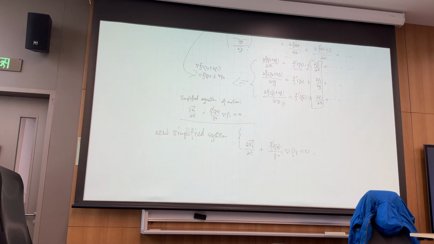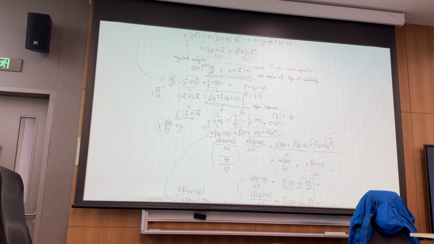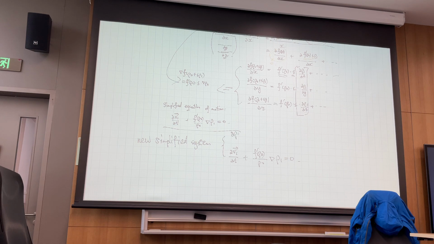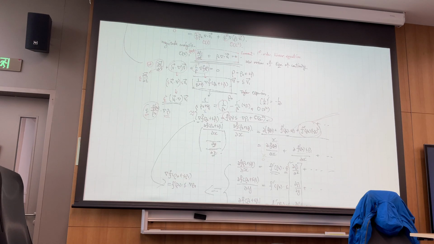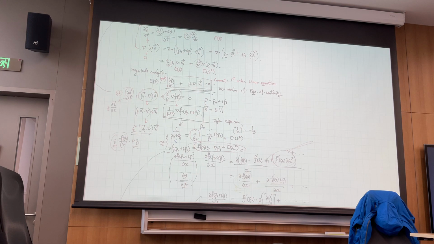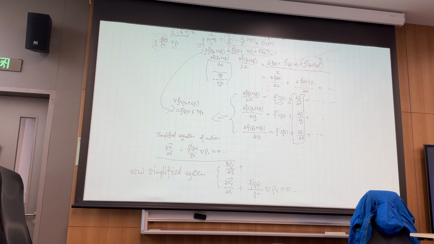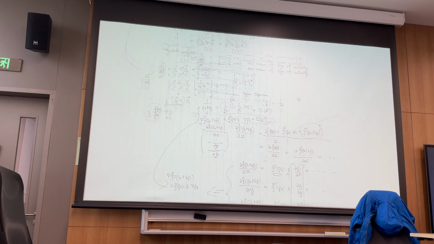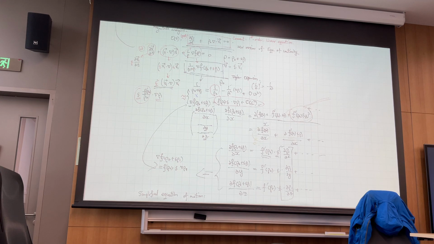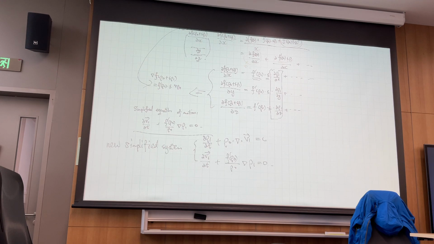And also the simplified equation of continuity, that is partial rho 1 partial t, and then plus rho 0 multiplied by the divergence of v1, that equals 0.